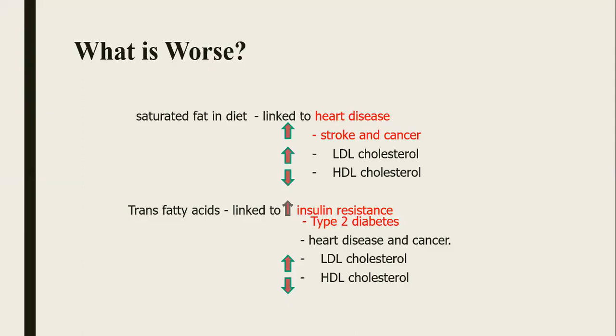Trans fatty acids increase insulin resistance and increase incidence of type 2 diabetes. They increase the risk of heart disease and cancer because they increase LDL cholesterol, bad cholesterol, and they decrease HDL, good cholesterol. So this is very important to remember.